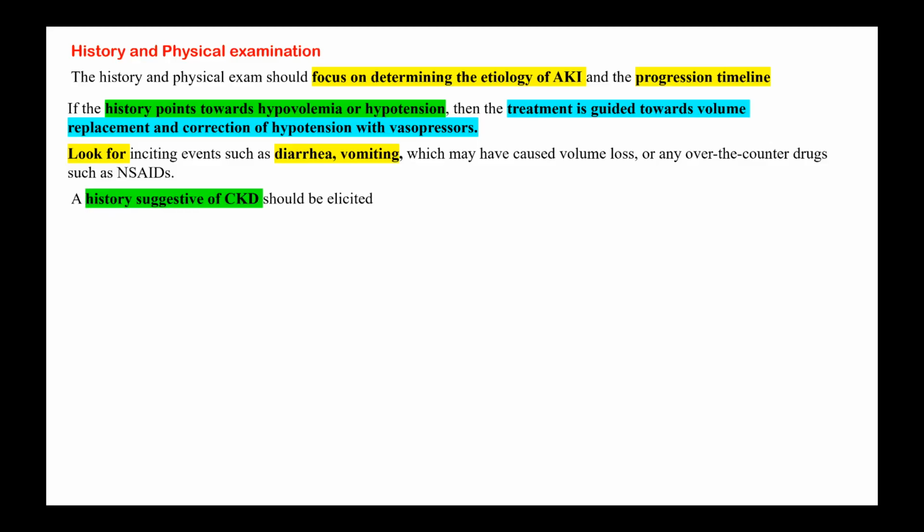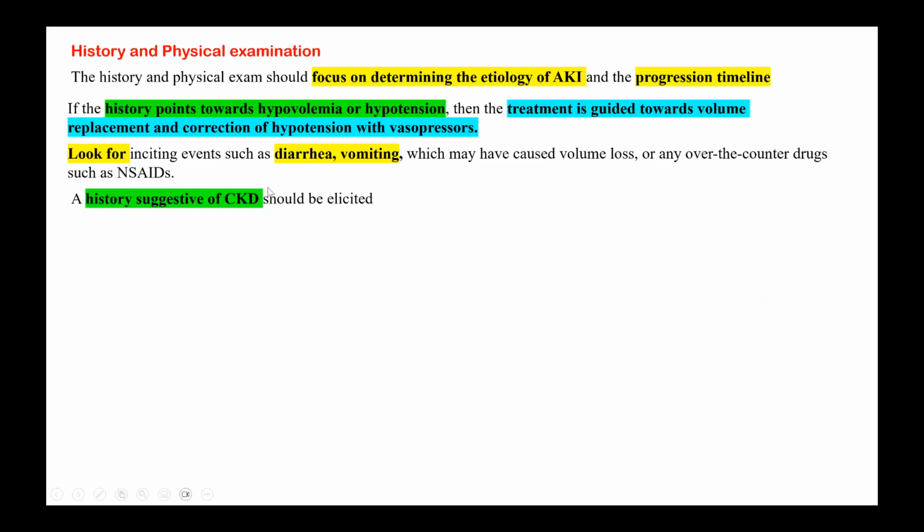And if a patient already has some history of CKD, compromised renal function, then that can result in what is called acute on chronic condition. So a chronic kidney disease patient may develop an acute shutdown or acute kidney injury.